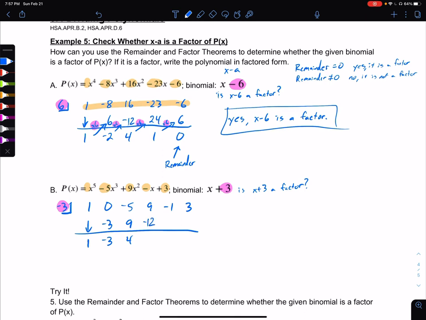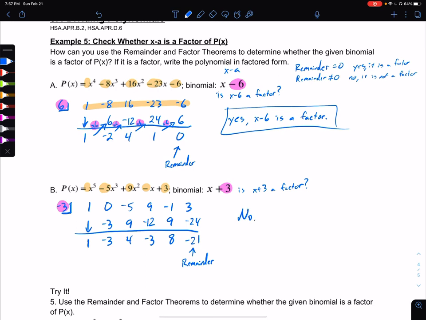Always check your work as you go along. Just be careful, don't rush through these. 9 and negative 12 would be negative 3. Again, negative 3 times negative 3 would be 9. Negative 1 and 9 would give us 8. 8 and negative 3 is negative 24. Add those up, and we get negative 21. That is our remainder. Now, the remainder clearly is not 0, so that means there is a remainder, which means the answer to our question, is x plus 3 a factor?